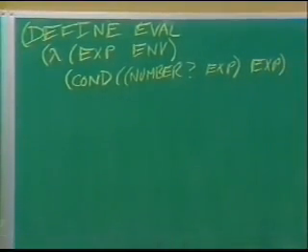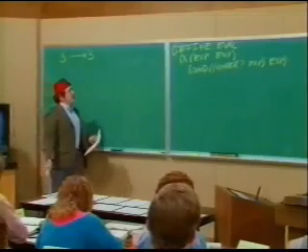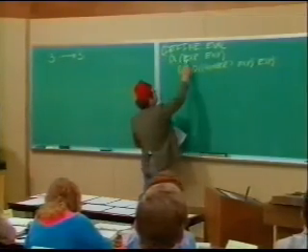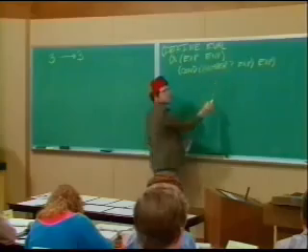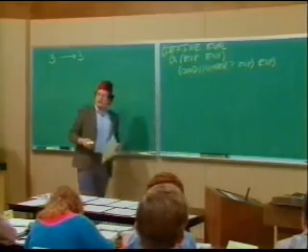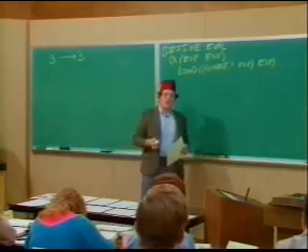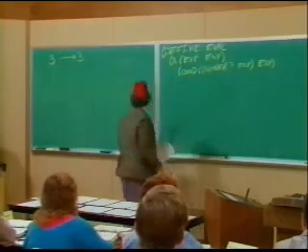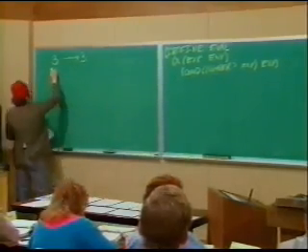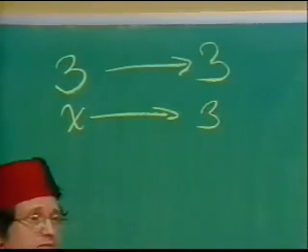Now the next possibility is things that we represent as symbols. Examples of symbols are things like exp, env, eval, number, x. What do I mean them to be? Those are things that stand for other things. Those are the variables of our language. So I want to be able to say, for example, that x transforms to its value, which might be 3.